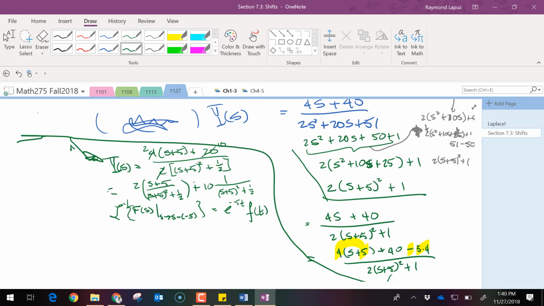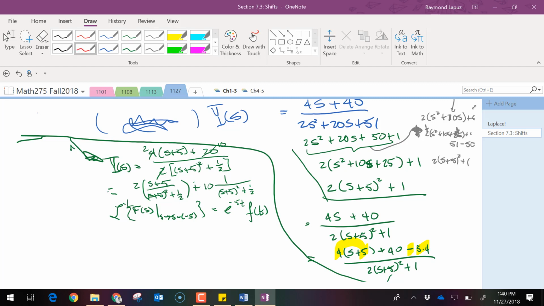The shift tells us it's going to be an exponential function involved in our answer, and then the main function that we're translating back is 1 over s squared plus 1/2, which is, in this case, the sine, right? Sine, cosine.